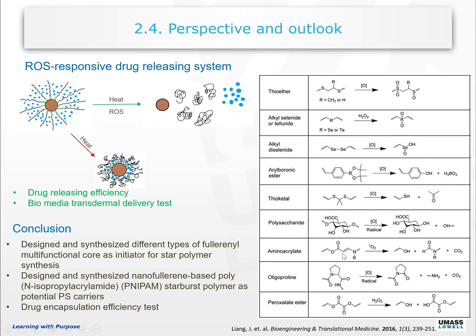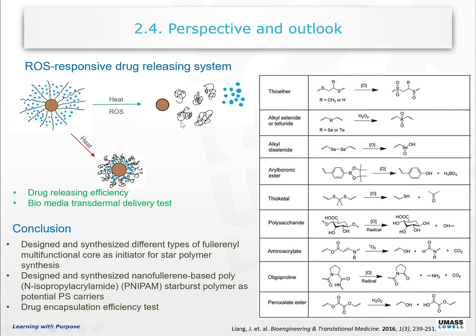So for example, if we use this structure as a linker, then once we treat it with singlet oxygen, it will break from here. So if this side connects with our C60 and this side is our polymer, and once this double bond breaks, then the polymer chain will be released from the multifunctional core, and in this case our drug will also not be held inside of this space.